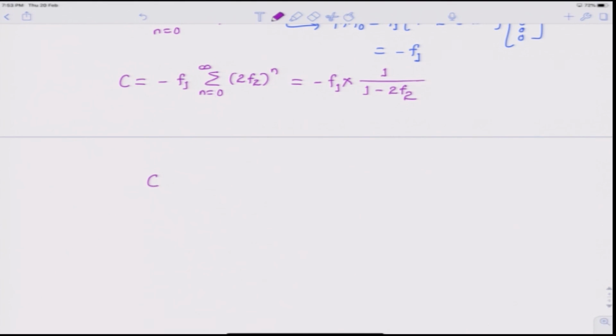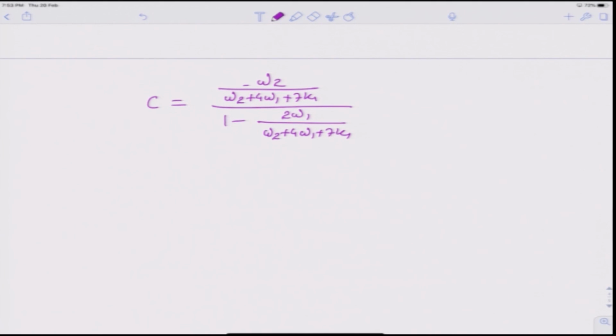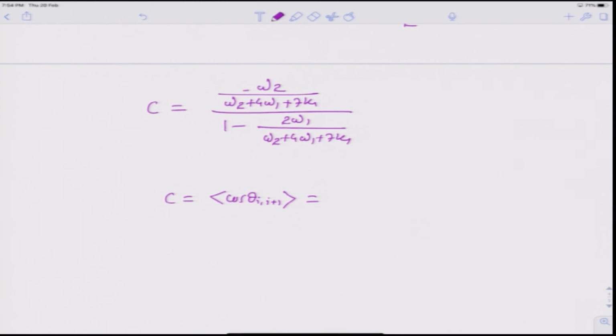If we substitute, we get C, which is nothing but cos of theta i plus 1, the average over all atoms, should be equal to minus omega 2 divided by omega 2 plus 2 omega 1 plus 7 k1.